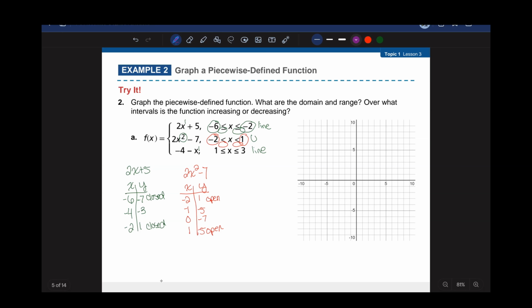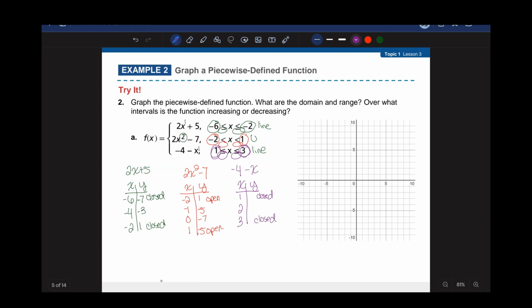For the third, we have -4 minus x. Again, that is linear. I'm supposed to start at 1 and end at 3. So 1, 2, 3. 1 is included, 3 is included. So we have closed circles on both of these.